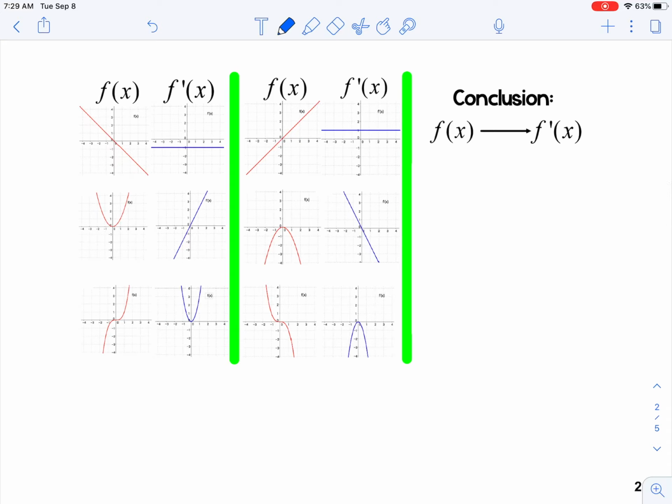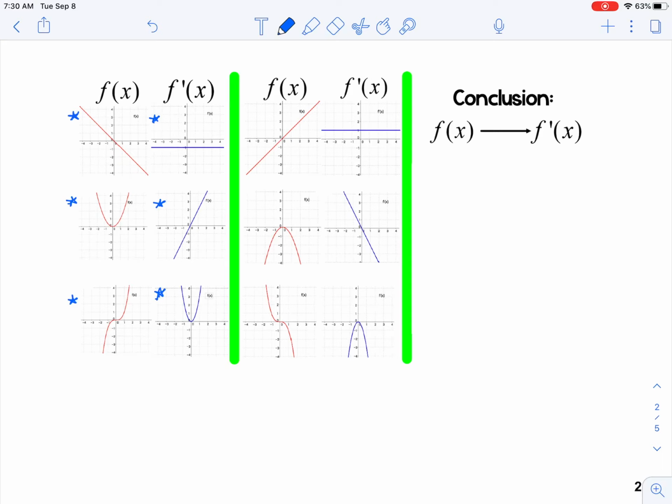All right, let's look at each of these. On this first one, if the original function f of x is a line, its derivative is a constant. If f of x is a parabola, a quadratic, its derivative is a line. And if f of x is a cubic, its derivative is a quadratic.